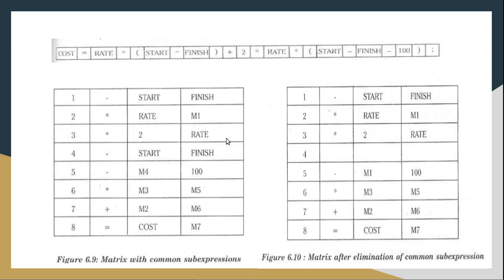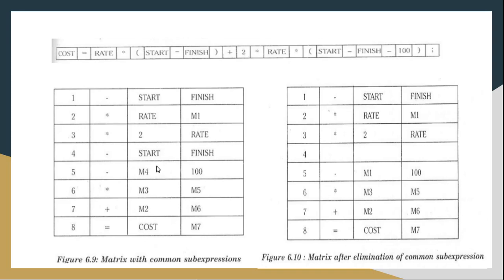Then we will be doing 2 star rate. Again start minus finish is coming, so it will be given as the entry M4, minus, start, finish. Like that we will be filling the matrix for this particular assignment statement. So we have represented it in the matrix form, which we already get from the intermediate code generation phase. And what is the next one?